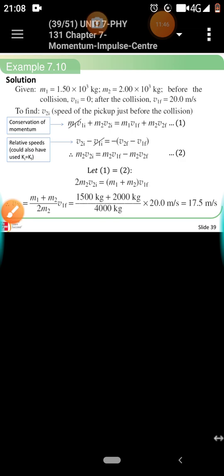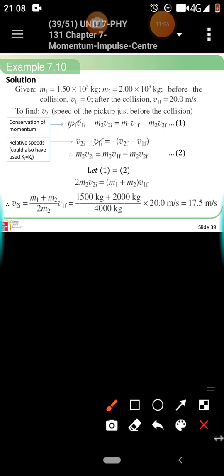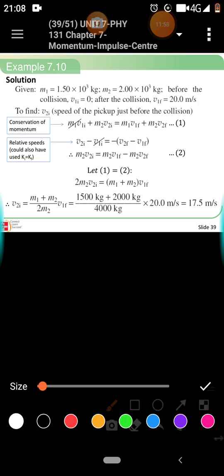When you rearrange this equation and make v2 final the subject of the formula, maybe let me do it.